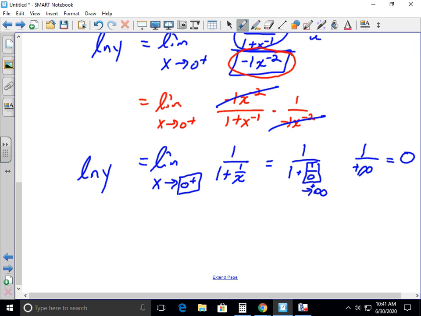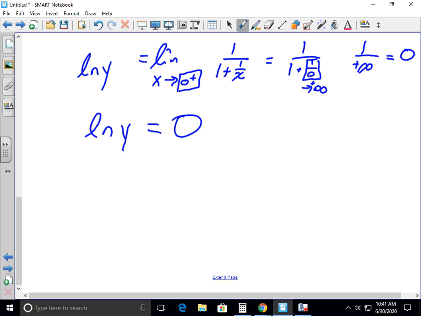So we're essentially going to 0. So that limit of that whole thing is not indeterminate, it's 0. So we get not that our final answer is 0, but natural log of our final answer is 0.